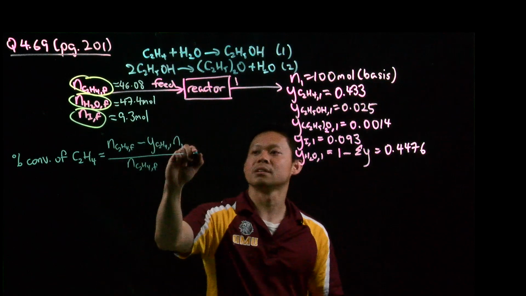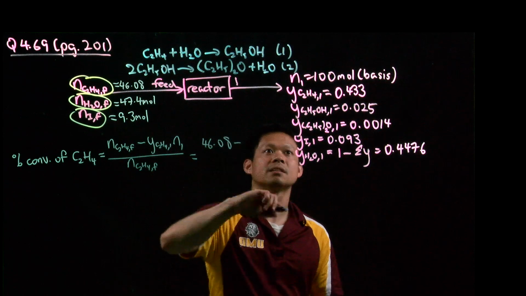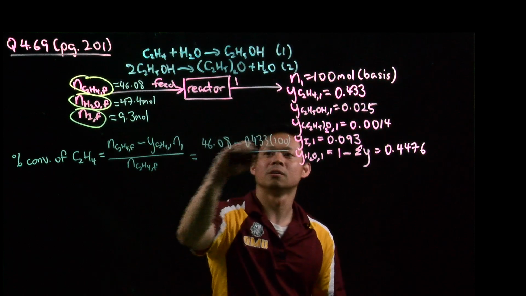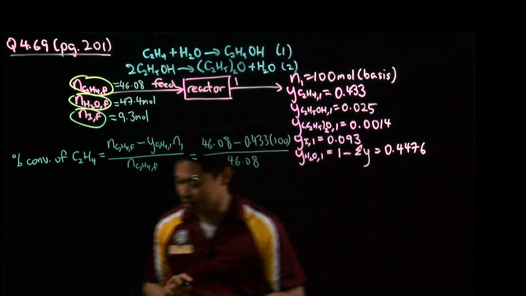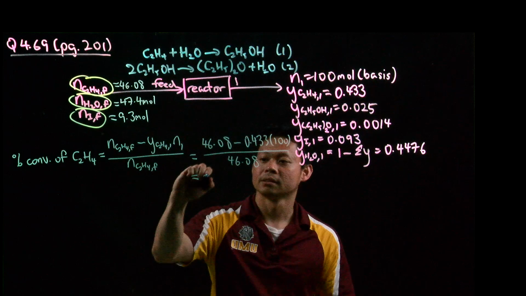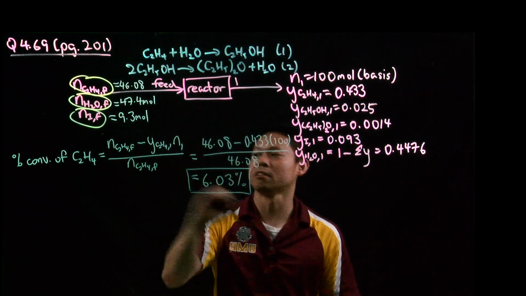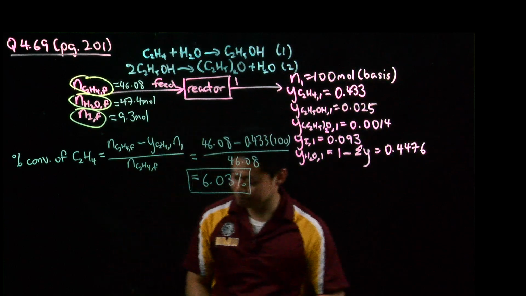So if we put these numbers in here, we have 46.08 minus 0.433 times 100, over 46.08. And that gives us 6.03%. So the fractional conversion of our C2H4 is 6.03%.